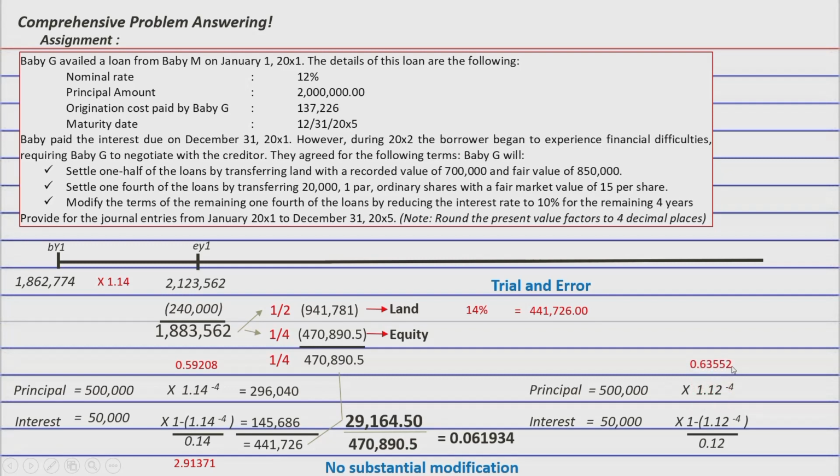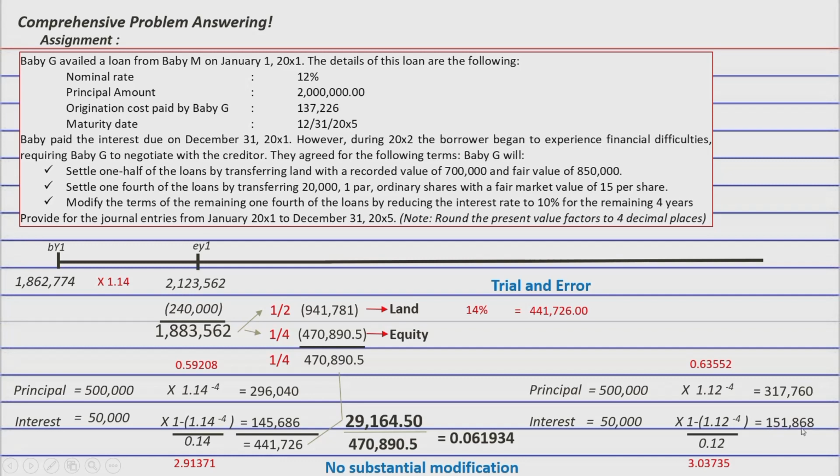Now, the present value factor for this is 0.63552 times 500,000 equals 317,760. And for this here, we have a PV factor of 3.03735 times 50,000, and we will get a present value for interest of 151,868.